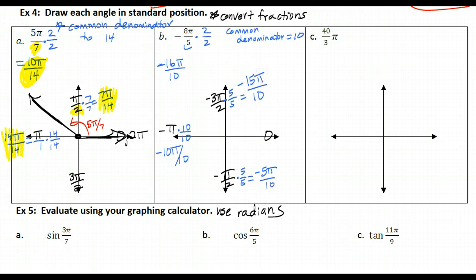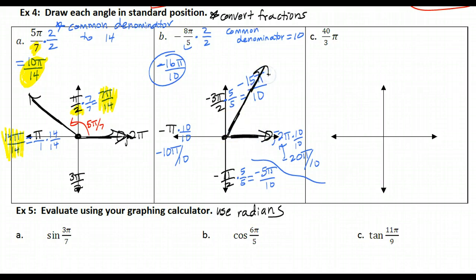And just to show you something here, if I was going to do this one, I would get negative 20 pi over 10 for 0 degrees or 0 radians. So this goes between these ones in quadrant 1, and it's going to be closer to 15 pi over 10 than it is to the negative 20 pi over 10.